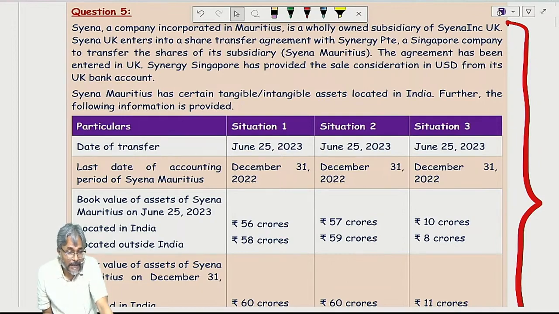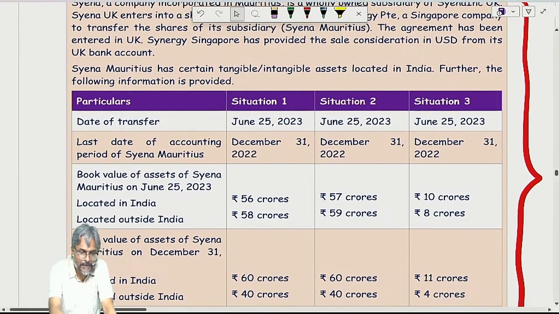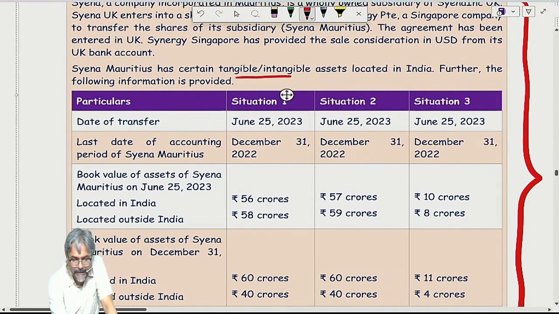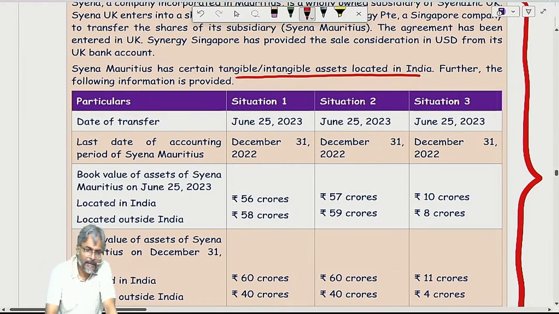The agreement has been entered into in UK. Synergy Singapore has provided sale consideration in US dollars from its UK bank account. Now read this table, students, very carefully. Sienna Mauritius has certain tangible and intangible assets located in India. Further, the following information is provided.